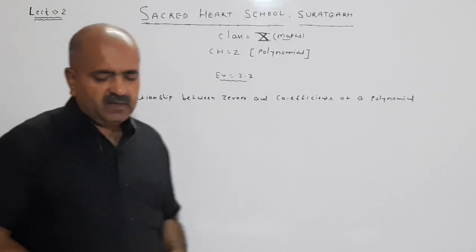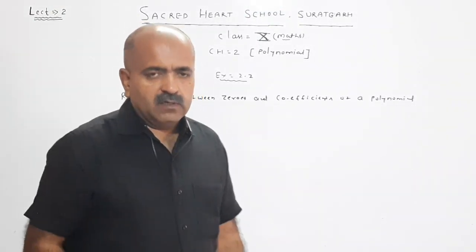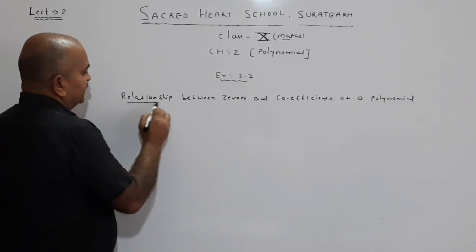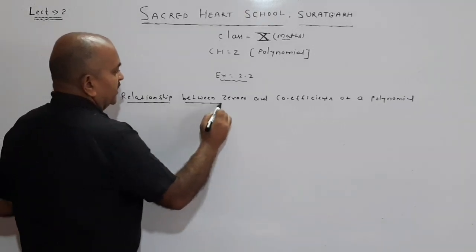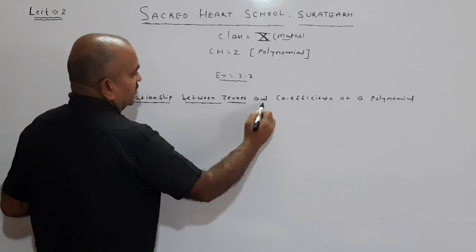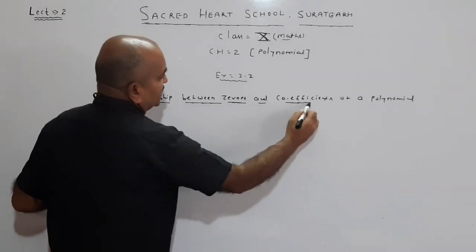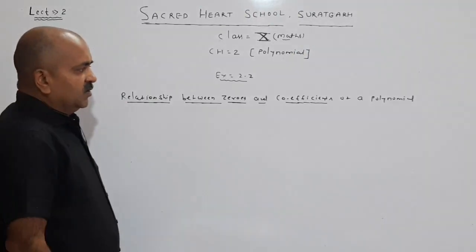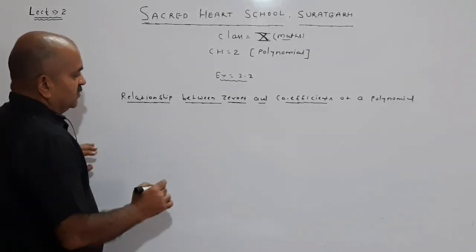Yes, students, in this exercise, now we discuss the relationship between zeros and coefficient of a polynomial. So, what is the meaning of this?